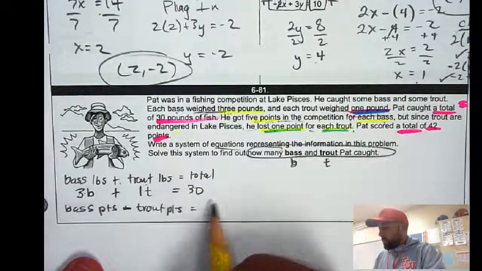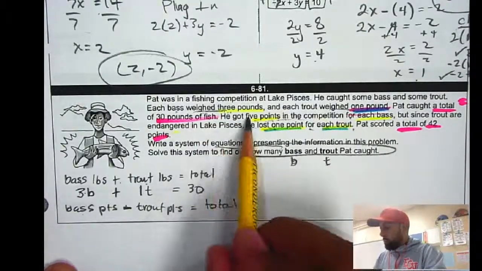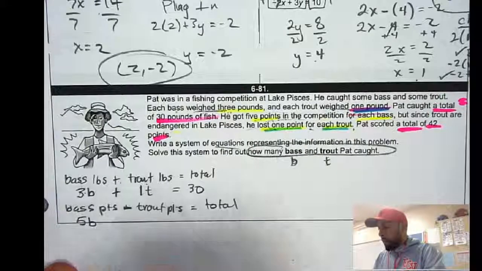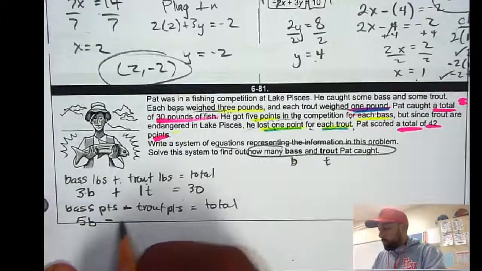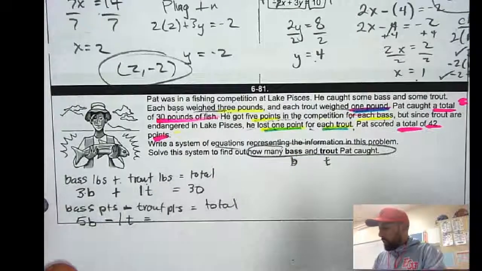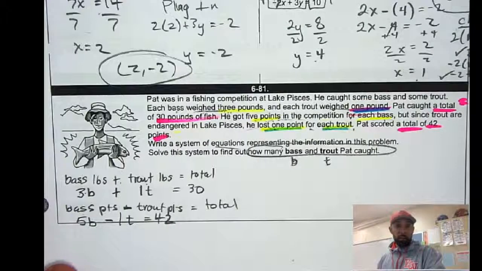And that equals the total points. Okay, so the bass points, well, they're 5 points each, so 5 times the amount of bass, 5B, minus the trout points, which is 1T. That should add up to 42. There's our two equations. Now we're just going to solve them.